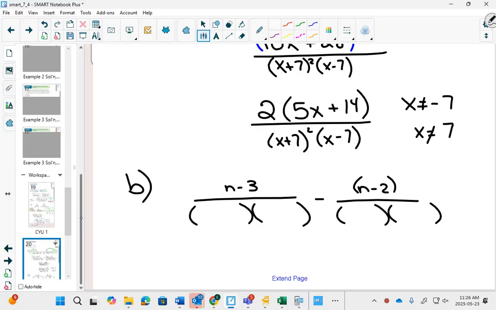So the first one have the n and n plus 6 and minus 3. And for the second one, n and n plus 5 and minus 4. And this is a single factor. I could put brackets around there.